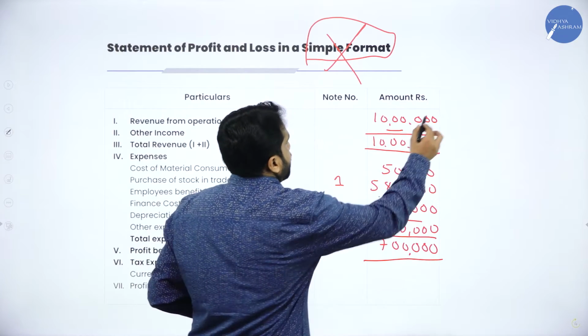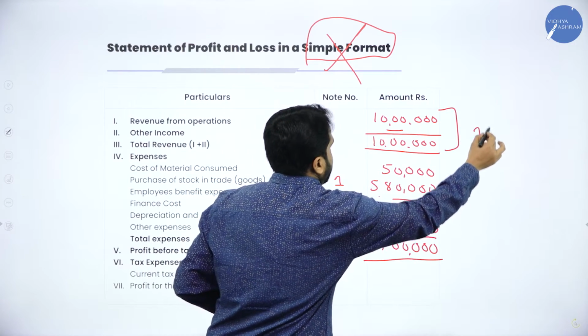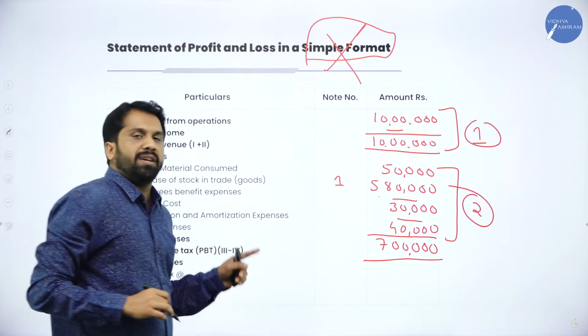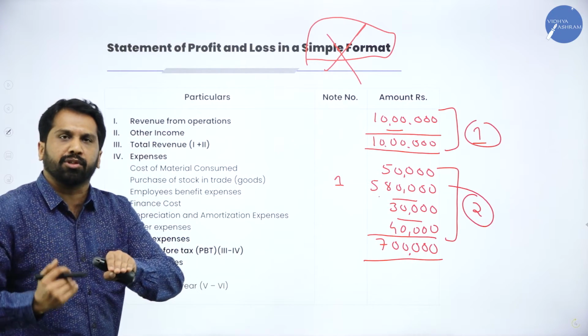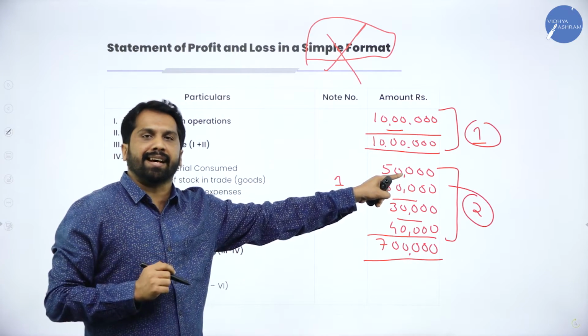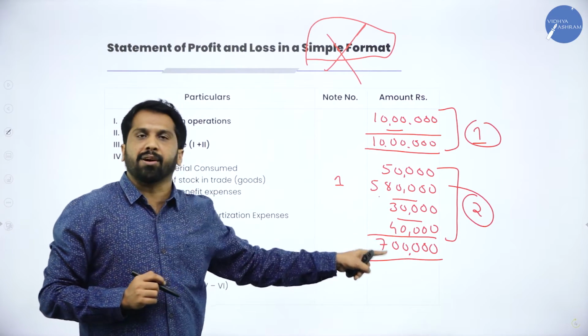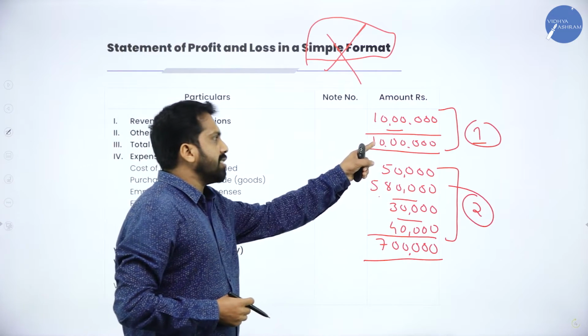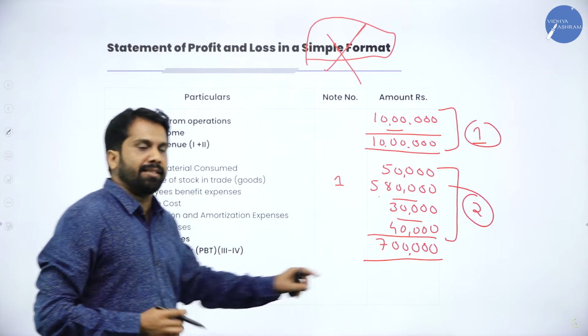So this we call step 1 and this we call step 2. Be careful, one by one you should do. Step 1 answer, how much? 10 lakh. Step 2 answer, how much? 7 lakh. After this, what should we do? This minus this.